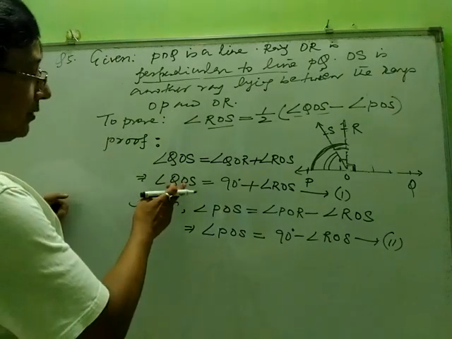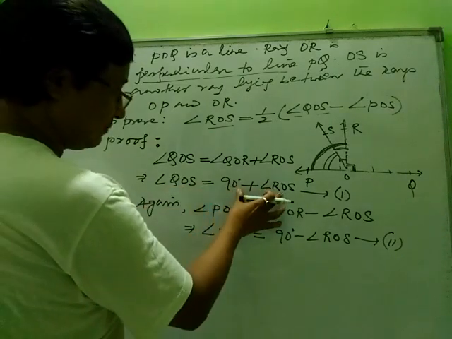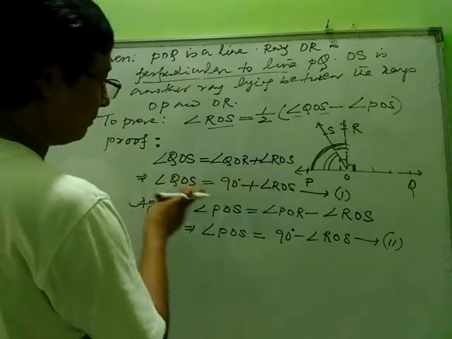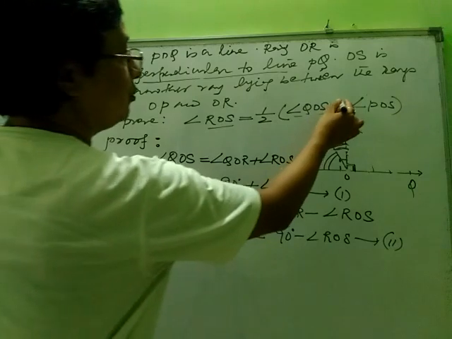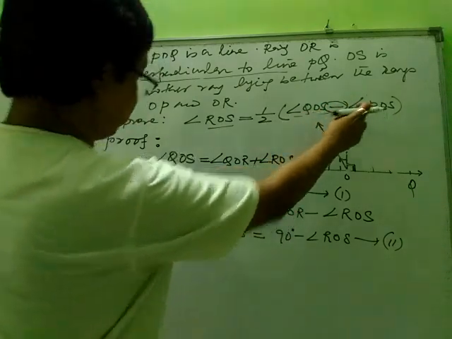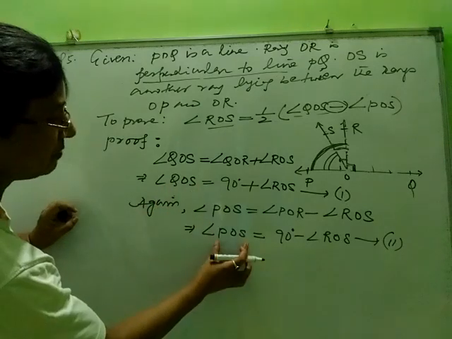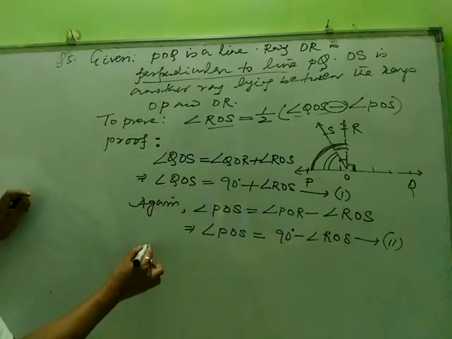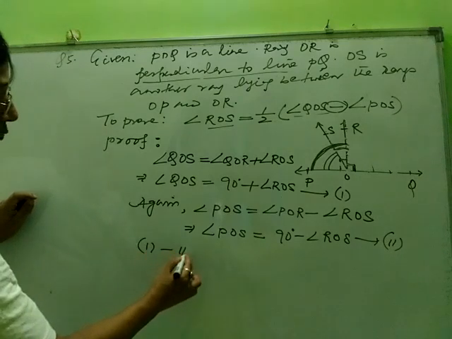Now you got QOS this much, POS you have got this much. Now between these two angles you will do minus, because QOS minus POS means subtracting 1 and 2. So equation 1 minus equation 2.